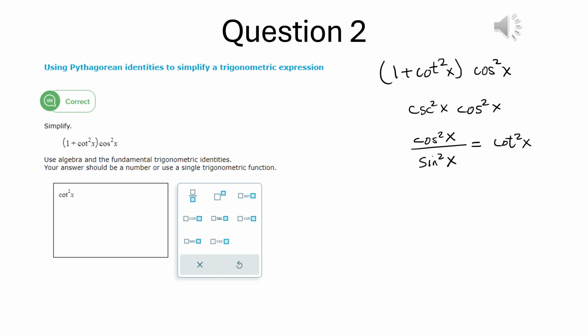I know the reciprocal identity that cosecant is 1 over sine. In this case, cosecant square is 1 over sine square. I know that cosine over sine is cotangent, and both are squared, therefore the answer is cotangent square x.